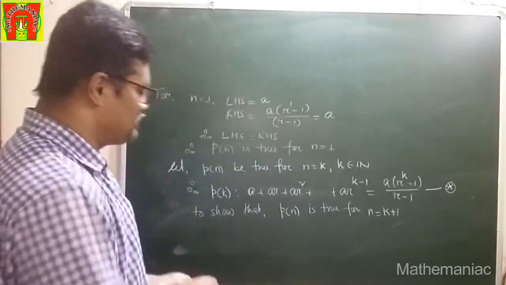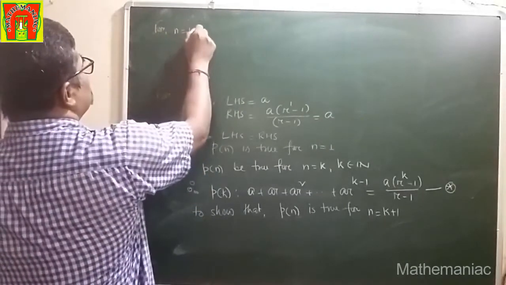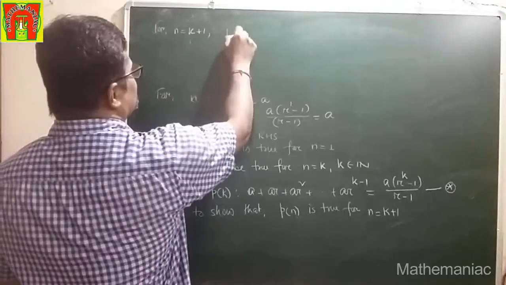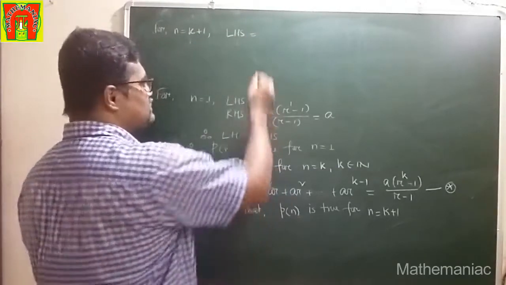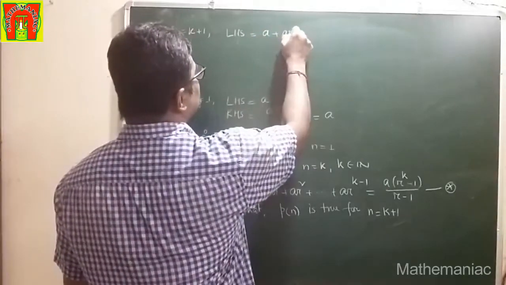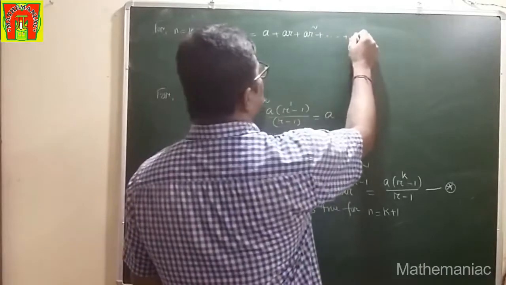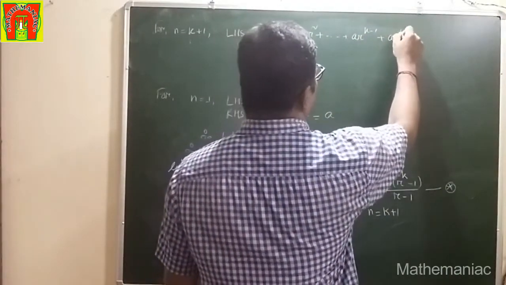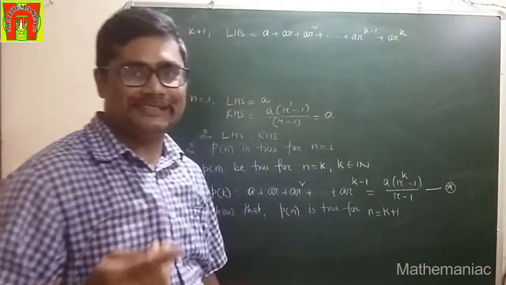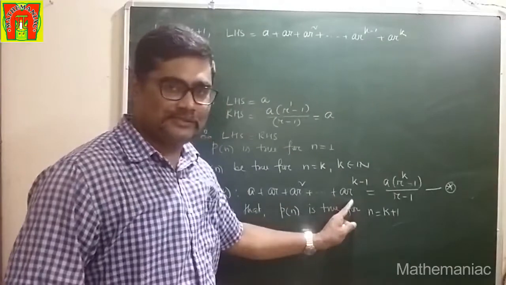Okay, so now we are going to prove this result for n equal to k plus 1. For n equal to k plus 1, let me put the LHS. LHS is a plus ar squared, and you go on like this, k minus 1 will come, then it is k. You can easily identify that we have to add one more term to this expression.